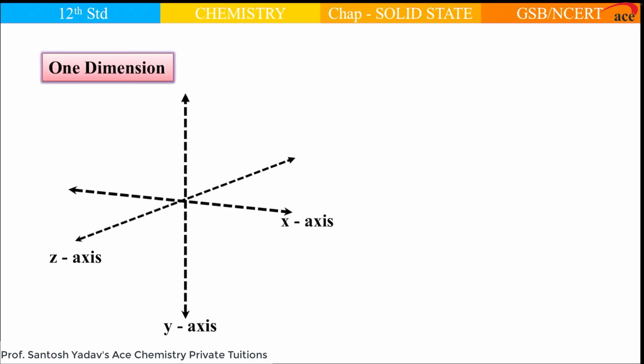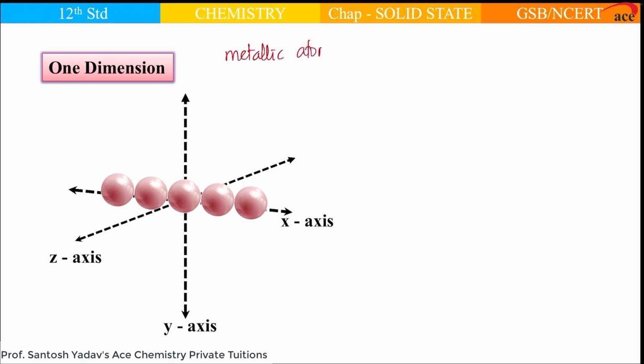One dimensional. Now we have to imagine metallic atoms as spheres. What we are trying to show is how these metallic atoms, which we call spheres, can be arranged. You should know that for a given metal, all the atoms are of the same size.